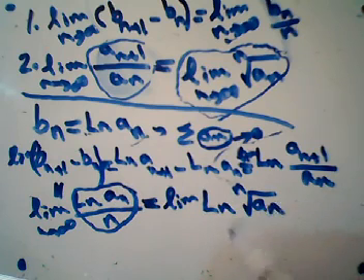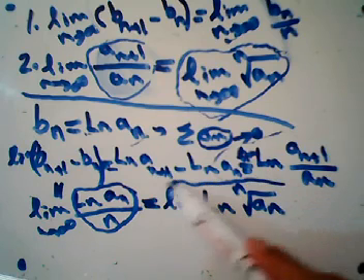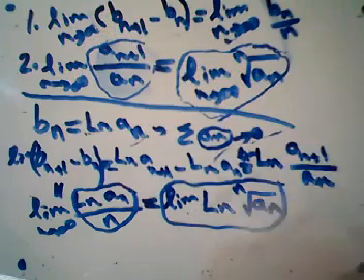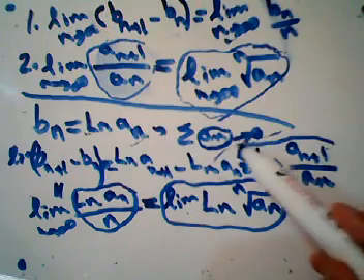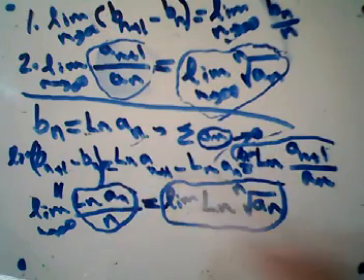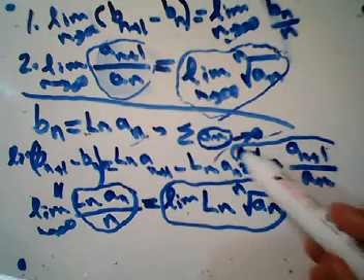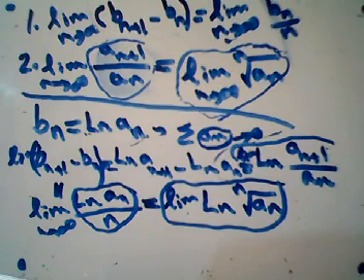This is just the rule of logarithm. So everything is equal: the limit of this as n goes to infinity is equal to this, and this is equal to this. So these two are equal.